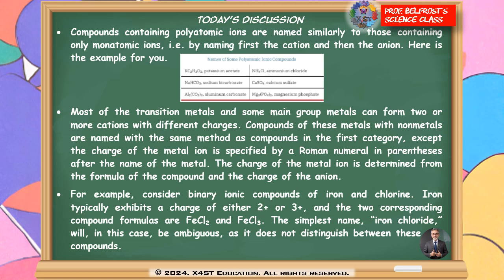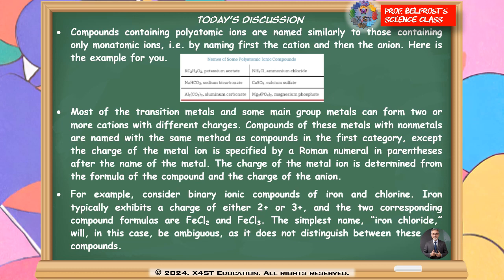Here's an example. Consider binary ionic compounds of iron and chlorine. Iron typically exhibits a charge of either 2+ or 3+, and the two corresponding compound formulas are FeCl2 and FeCl3.